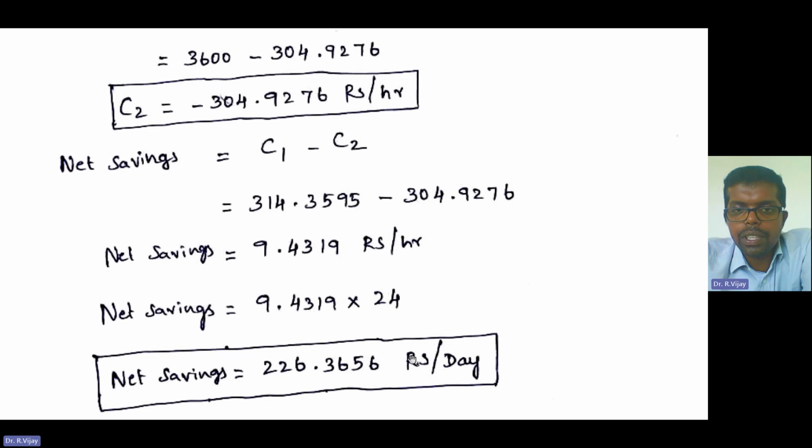Fuel cost coefficients also vary, depending on the load, and the savings also vary, and based on the coal rate this cost will vary. So this is the net savings we got in our problem, that is 226.3656. Thank you.